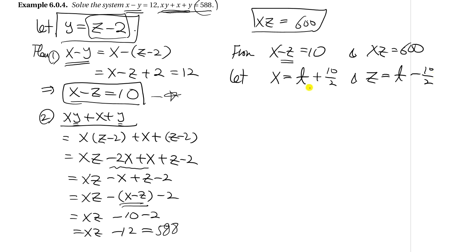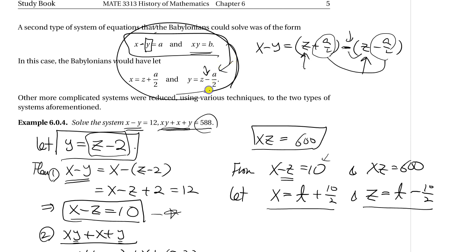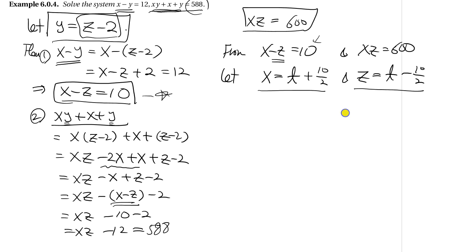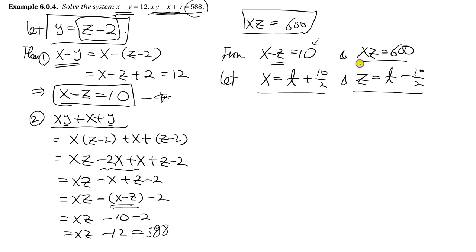So we already checked, when we add these two and subtract these two, we will get 10, right? That's how we set it up like this. So we don't need to check the first case. So we just go to that one. Okay. Then that 600 is x times z, which is t plus 10 over 2.